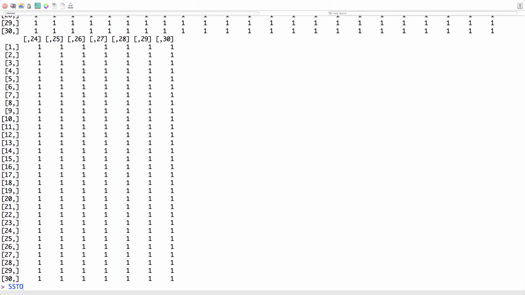So guys, what I can do now is come in and do my sum of squares for the total. Now I'm going to do transpose y times y, minus 1 divided by 30 times the product of transpose y, J matrix, y.